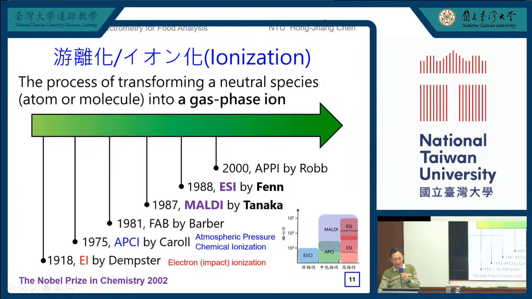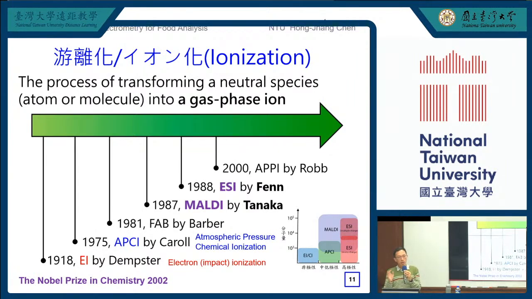Another is APCI, which changes the vacuum system into an atmospheric pressure system. And then we also have FAB, MALDI, ESI, APPI, DESI, LED, and SIMS, and many other ionization methods. So why do we need many ionization methods for MS technology?